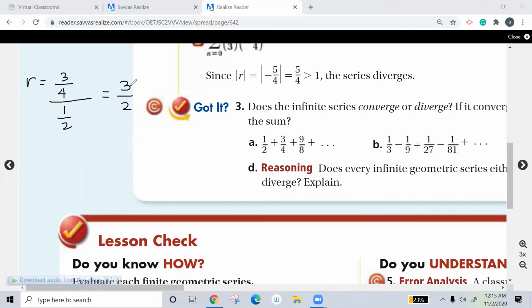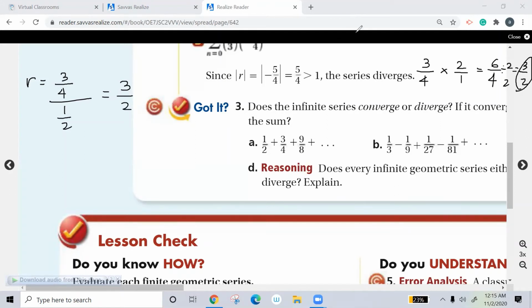Or you can do it manually, 3 over 4 times the reciprocal 2 over 1. 3 times 2 is 6, and 4 times 1 is 4. Simplify, divide both by 2, it is 3 over 2.